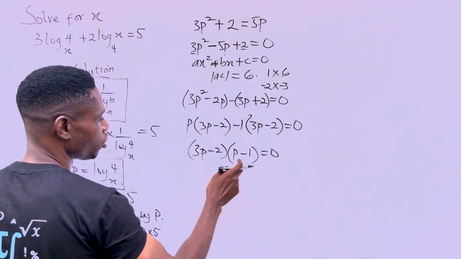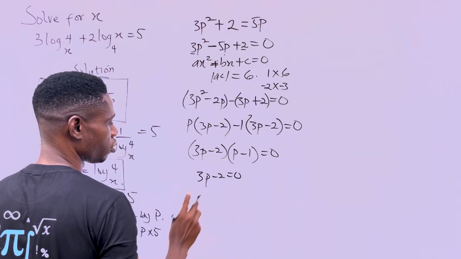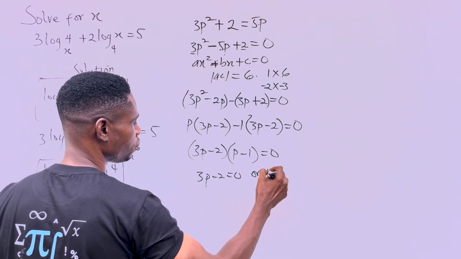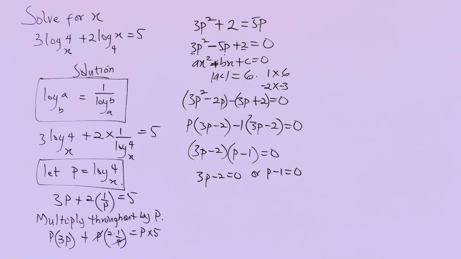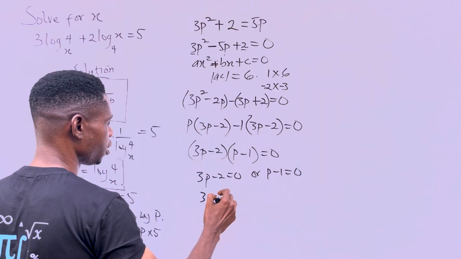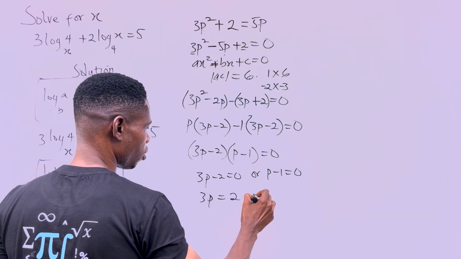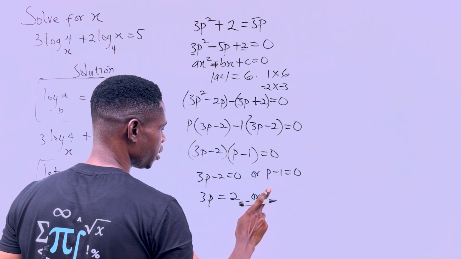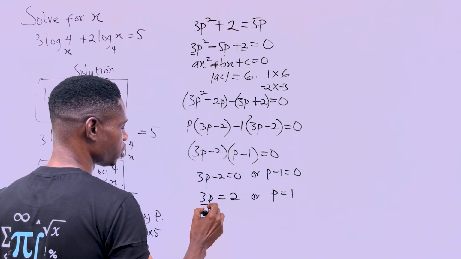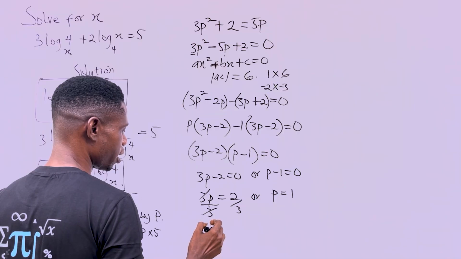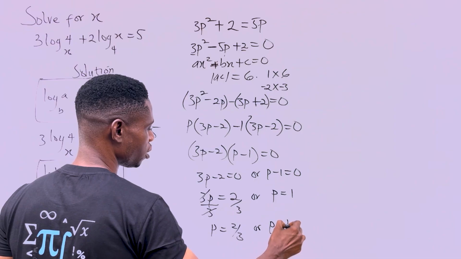Now if you have a product equal to 0, it is either the first, 3p minus 2, is equal to 0, or the second, p minus 1, is equal to 0. So 3p is equal to positive 2, or p is equal to 1. We can divide both sides by 3 so that p is equal to 2 over 3, or p equal to 1.